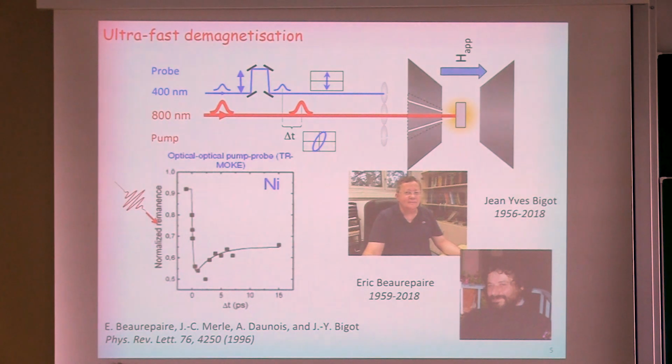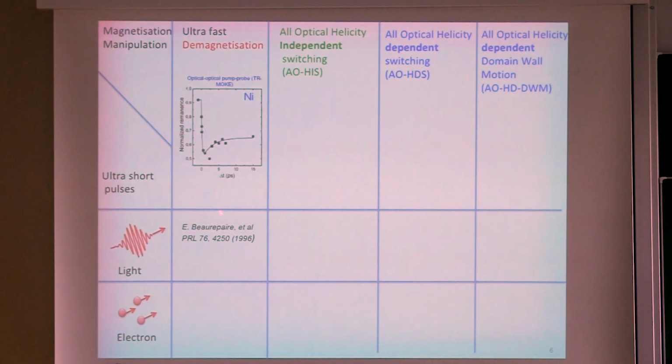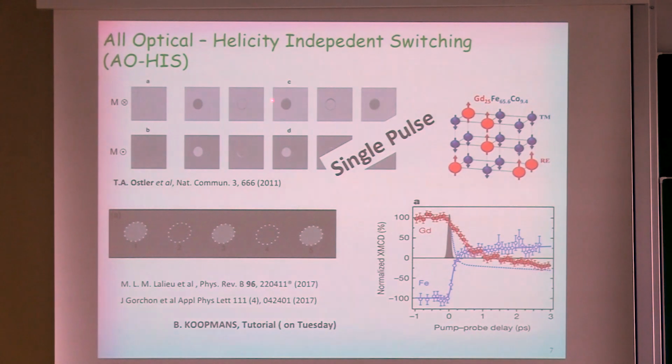All right, so what we have first already filled in here is that you can observe ultrafast demagnetization using a femtosecond light pulse. It was also observed that you could obtain all-optical helicity-independent switching, and this is one of the first observations, where you see that you send one pulse, you switch in one direction, and you send a second pulse, and you switch it back.